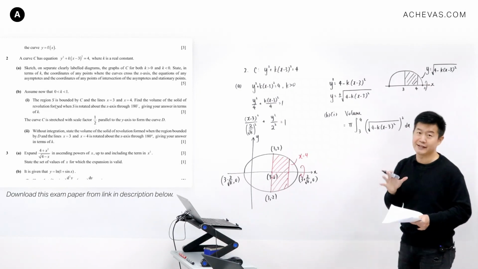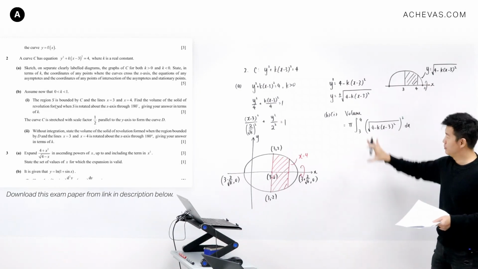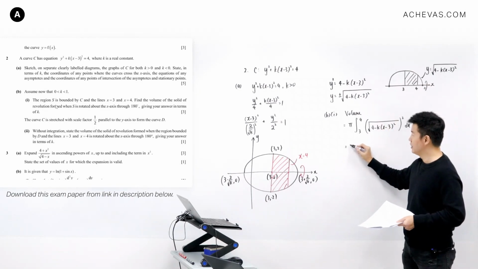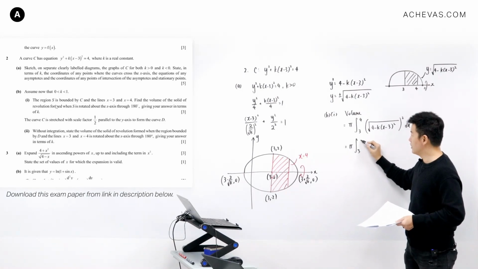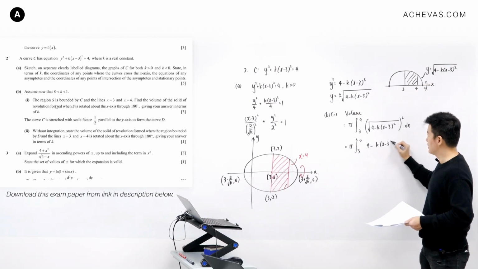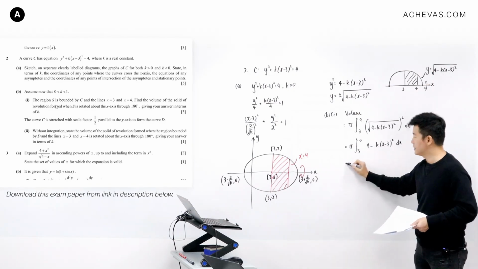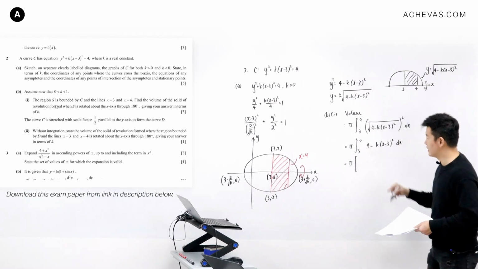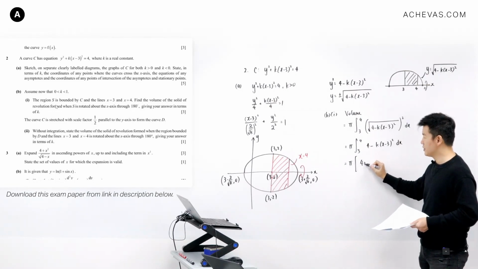This is an easy integration to perform. So this will be pi from 3 to 4. We will have this as simply 4 minus k x minus 3 squared dx. So pi, we can already start integrating. Integrating 4 gives me 4x.